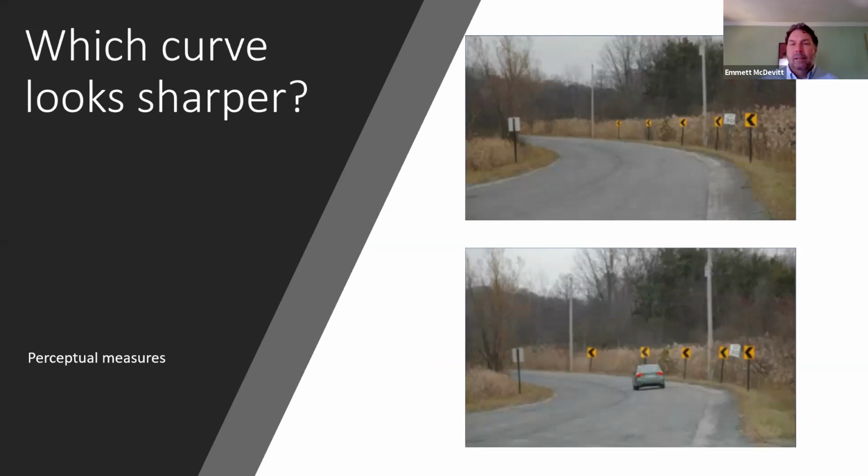Through this visual trickery, RPI did a study that showed it reduced vehicle speeds between 5 and 7 miles an hour, which isn't huge, but that was at the upper end of the vehicles traveling through there, the ones that were speeding. So it slowed those high-end speeders down. The way they did this was by increasing the chevrons as you went through, so it looked like the curve was much sharper and people tended to slow much more.